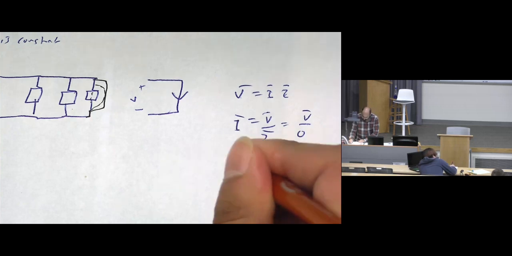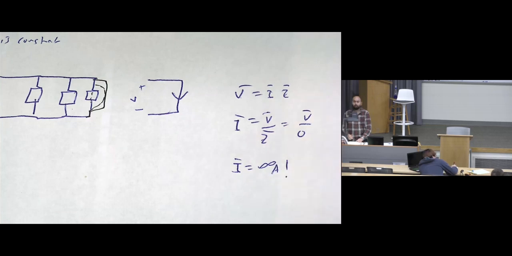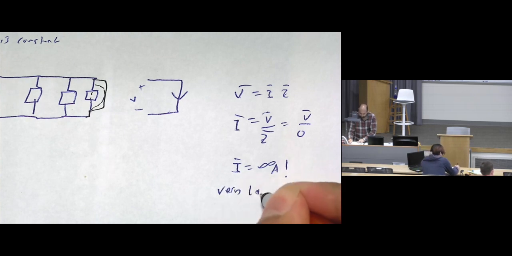Infinity. I equals infinity. Infinity ampere. But does something like infinity exist? No. So in electrical engineering, or in engineering in general, we define infinity as a very large number. So very large currents. That's what it means.